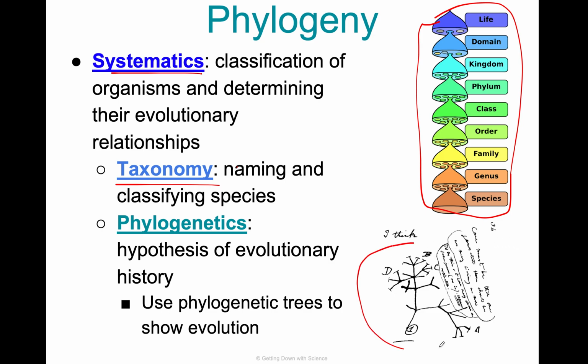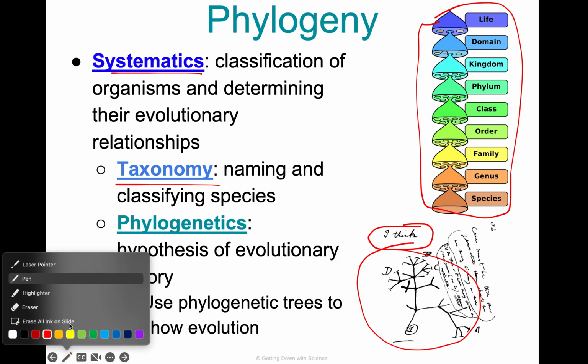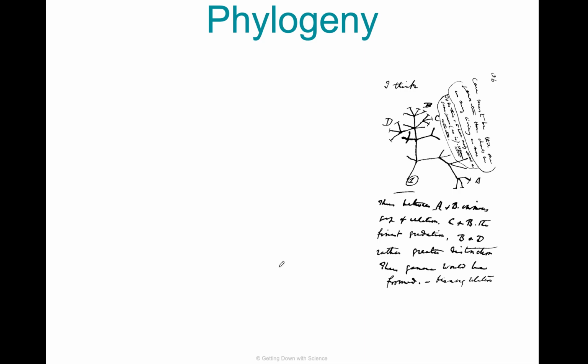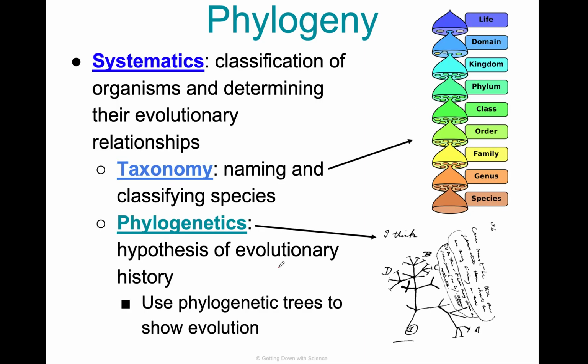You can see over here my guy Darwin with his phylogenetic tree, and even if he was unsure about it, that was the observations he made. So yes, you can see here taxonomy: life, domain, kingdom, phylum, class, order, family, genus, species, and then phylogenetics is kind of putting it into that tree of life. Great. So first of all, pause here to take notes.